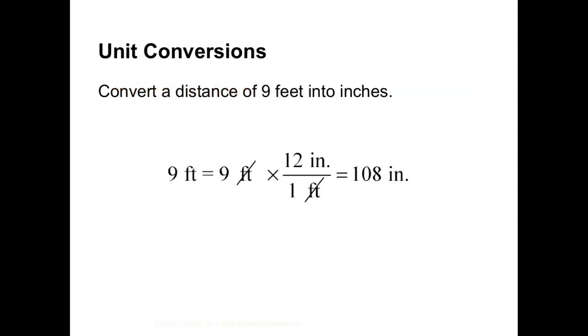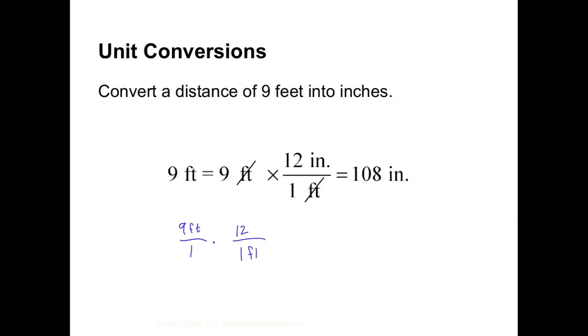And so here's an example. If I wanted to convert 9 feet into inches, I would take the 9 feet. I like to make everything a fraction, just so that it looks consistent to me. And then I would use that conversion factor. Now here, I want to convert to inches, so I would pay attention to, I want the feet to cancel in the denominator.